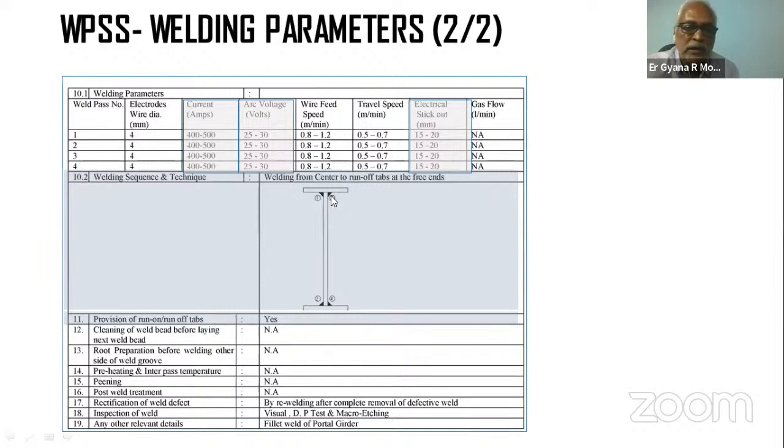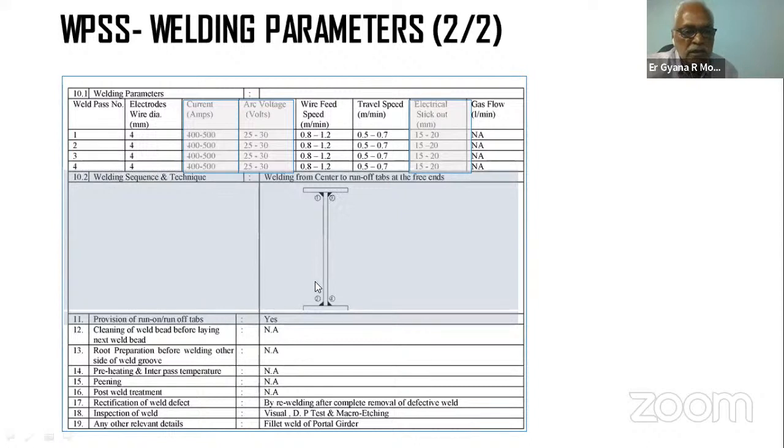So what do we want? That our component, our weld, should be defect-free. So what we do, we give a run-in and run-out. We give a small portion of exactly the same material, some small cut plates, so that we start the arc beyond the component. By the time the arc reaches the component, it is stabilized.